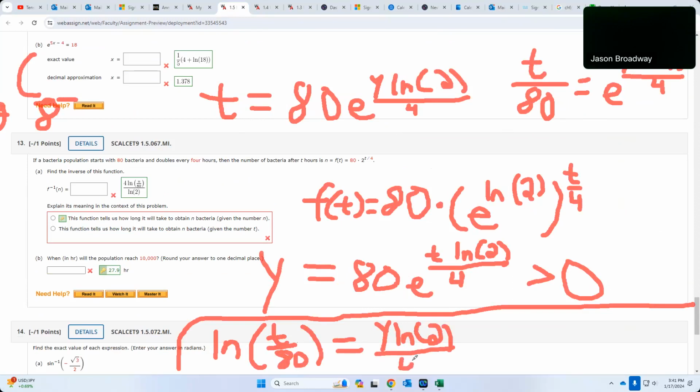times 1/4, or we could divide by 4. If I multiply both sides by 4, that puts a 4 up top, right there. And if I divide both sides by ln of 2, that puts the ln of 2 down there. So there I go.